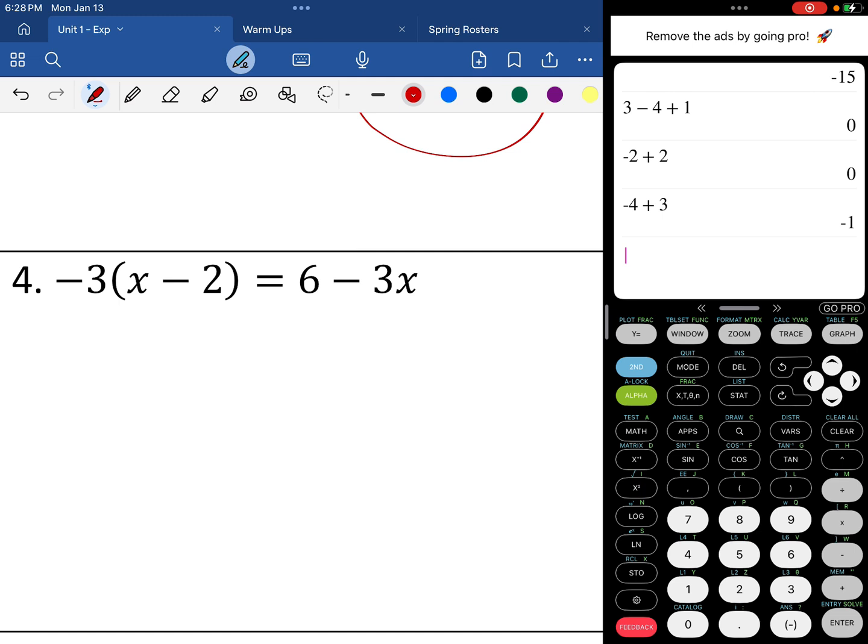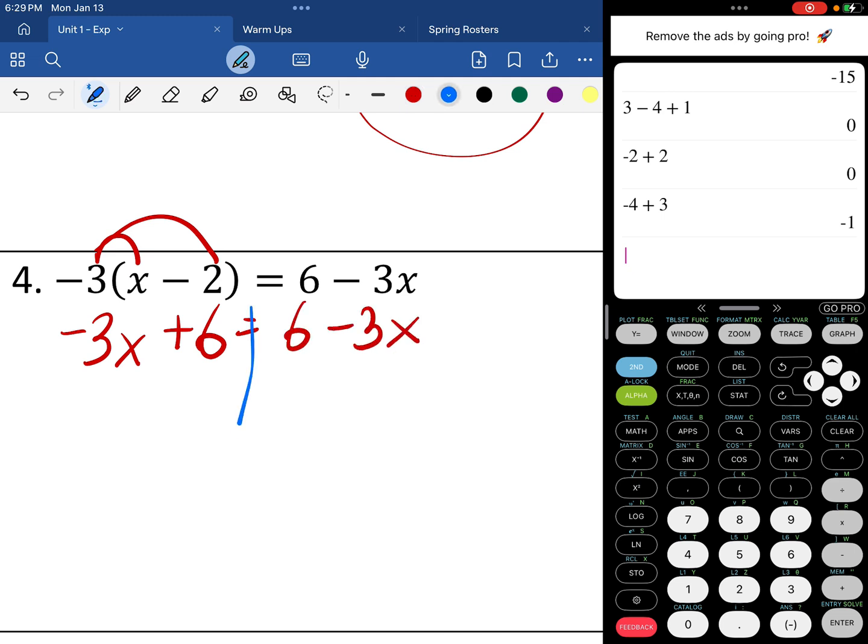All right, let's go ahead and look at it. We have this parentheses. We have that red flag that tells us, hey, stop. We've got to distribute. So negative 3 times x is negative 3x. Negative 3 times negative 2, that's going to be positive 6. A negative times a negative gives you a positive answer. And then make sure we drop everybody else down to come party. Go ahead and do your split. Negative 3x comes down.